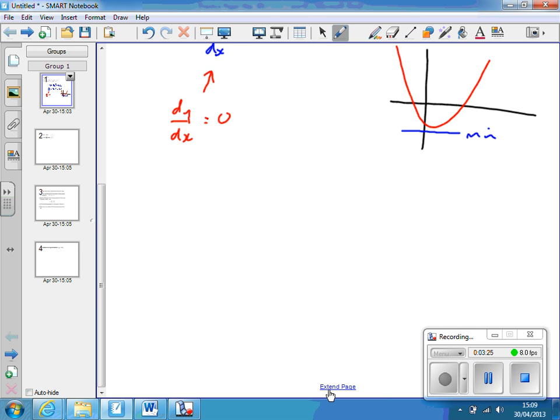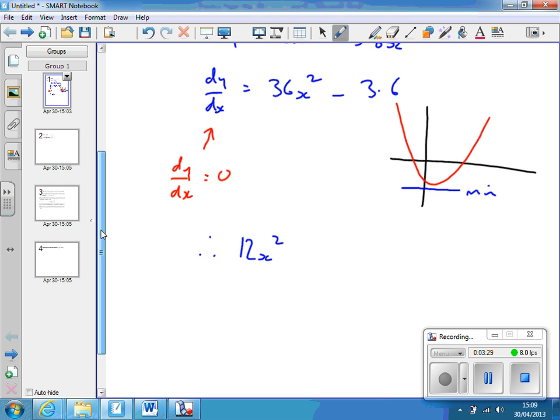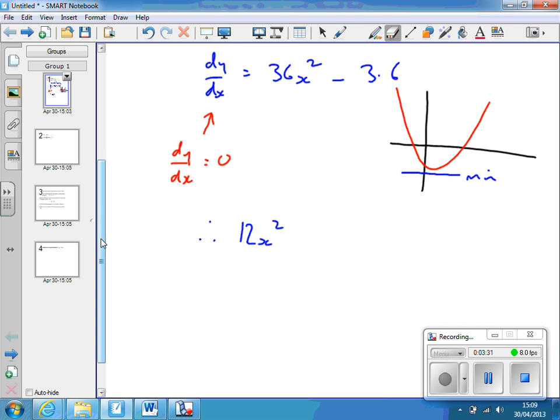So we let 36x squared minus 3.6 equals 0. So we've got this to solve. By adding 3.6 to both sides, 36x squared equals 3.6.